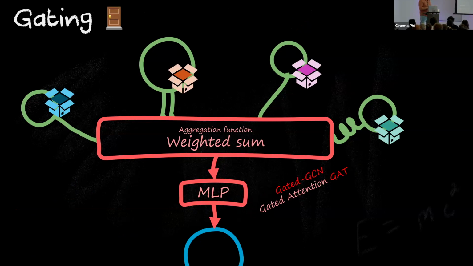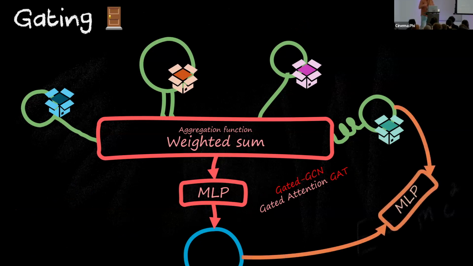Other methods are like gating, where you take both nodes, the receiving node and the sending node, and you pass that into an MLP or an attention mechanism. And that decides the weight that is given. The weight can either be for all the features, or for a subset of the features, like if you have multi-head or a multiplication, for example.